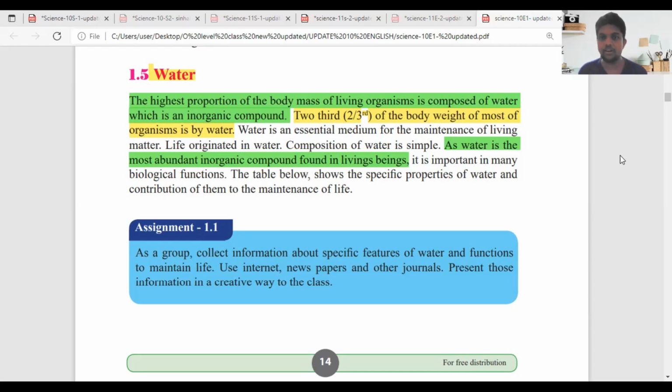For our biological functions, as complex organisms, we have different biological functions within our body, such as respiration. In plants, there is photosynthesis.